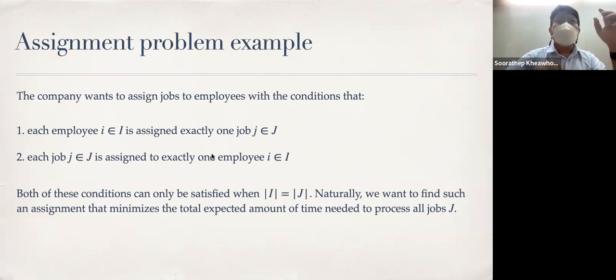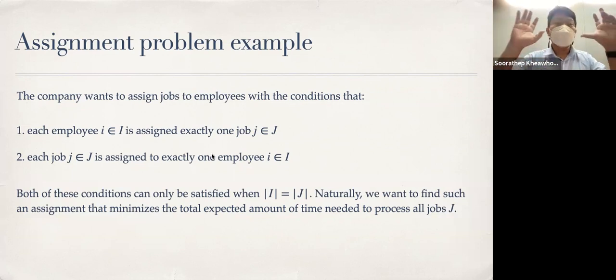Yeah, but you know that when we make a decision variable, the decision variable should represent all the scenarios, right? Because you don't know yet at the beginning which employee takes which job.